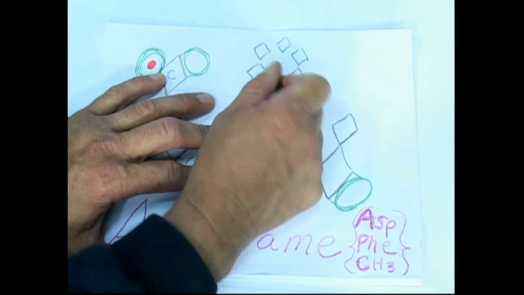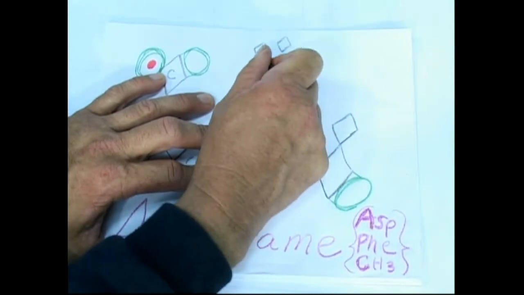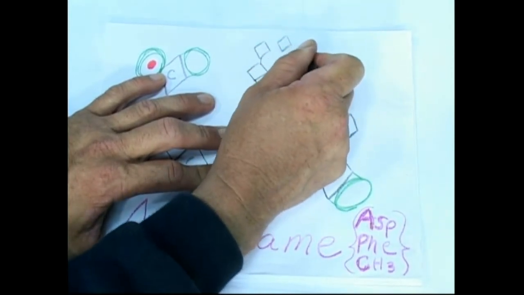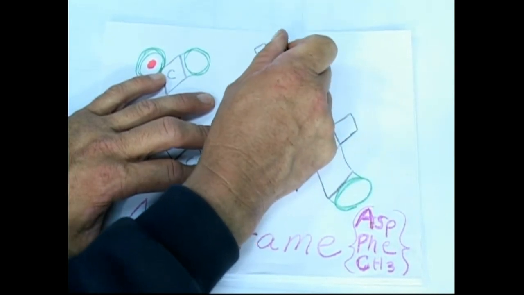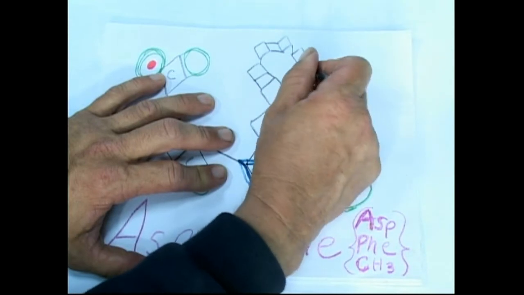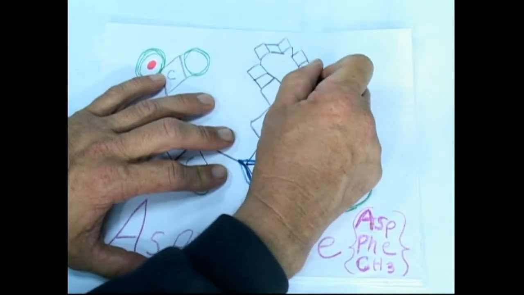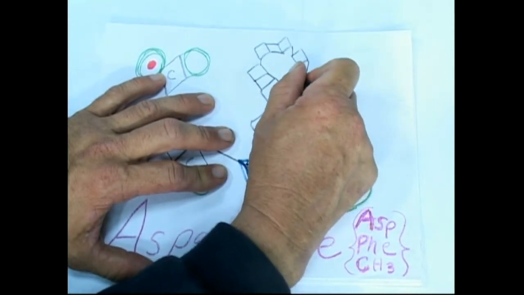Let's see, we'll go double, single, single, double, single. So this will get a double and a single.